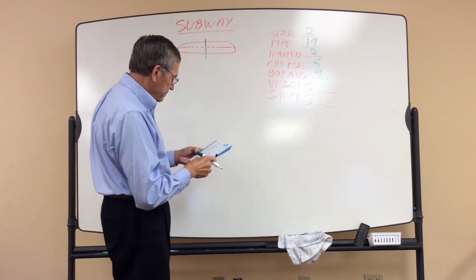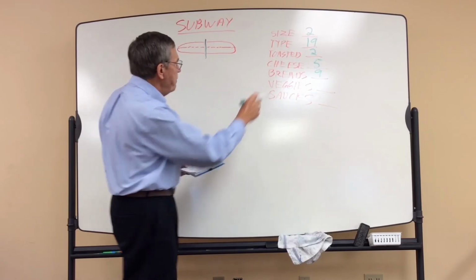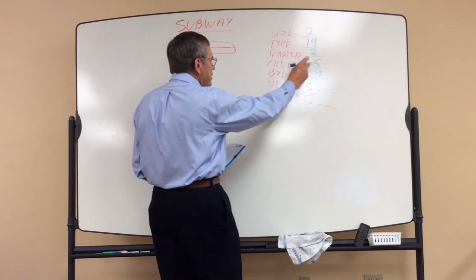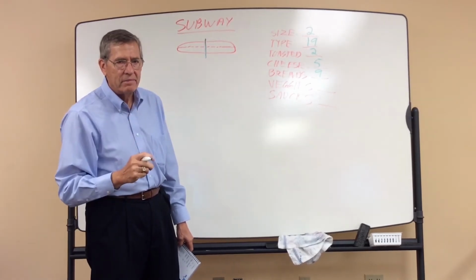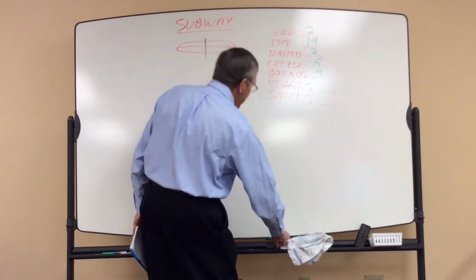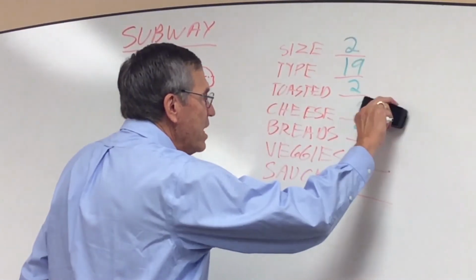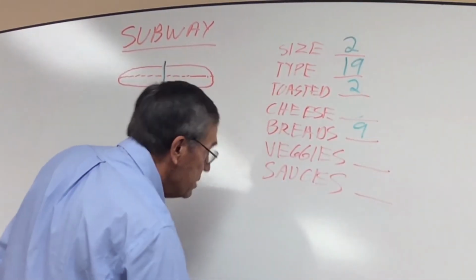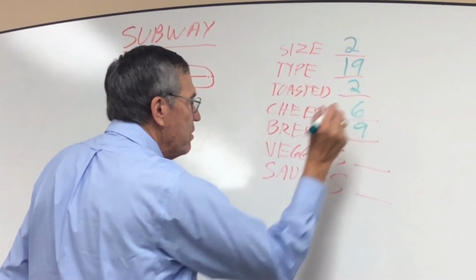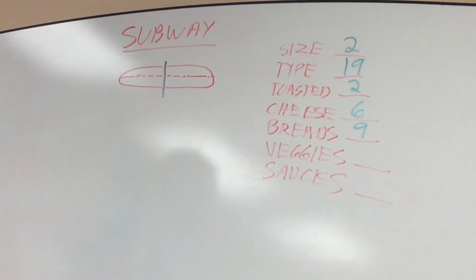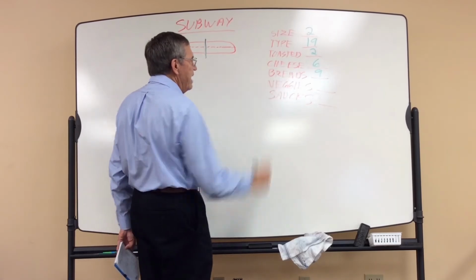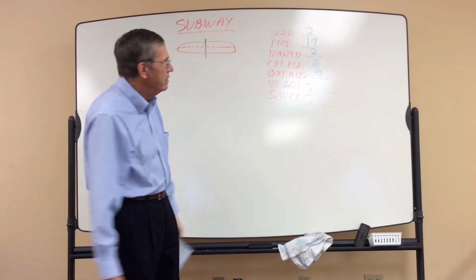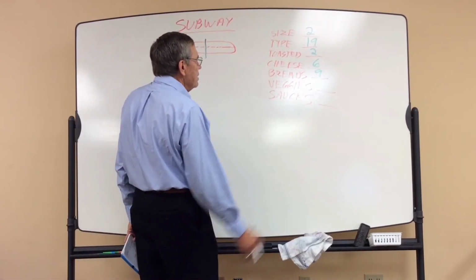Now, with respect to cheeses, there are 5 different kinds of cheeses, but I could ask them not to put it on there. So really, I have the 5 cheeses, but I also have the option of no cheese. So there are actually 6 different things I could tell that person: no cheese or one of the 5. 6 different ways. Of course, with bread, I can't very well have a sandwich without a bread. And so we're good through there.